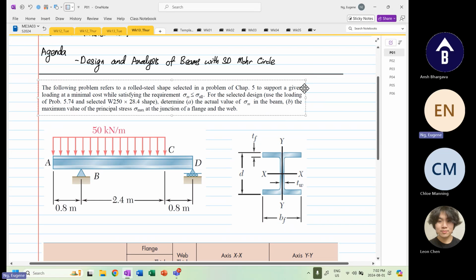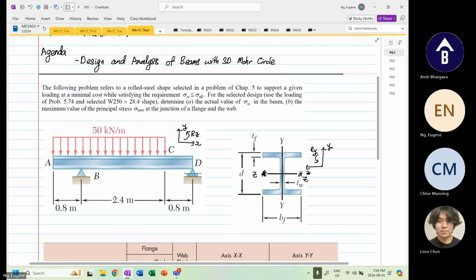If I were to draw the transformation, this is X, this is Y, and then we have rotation about Z, and then we have our cross-section view. In the cross-section view, this is our Y, this is our Z, and this is rotation about Y. You see over here, it's not X, this is known as our Z, because in the figure it was X, but it's actually our Z.